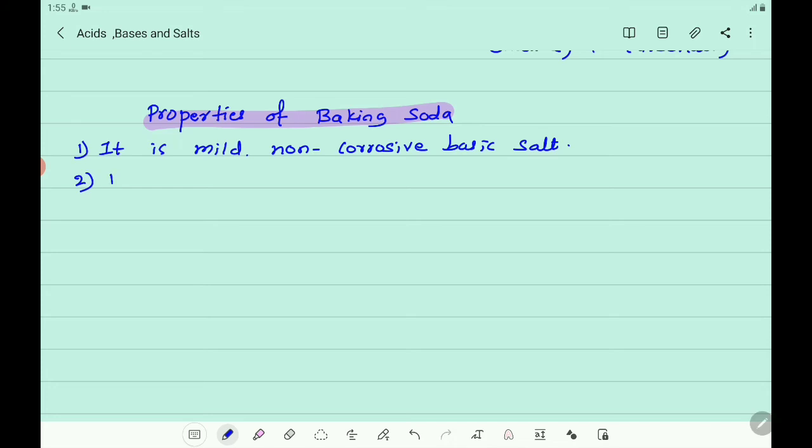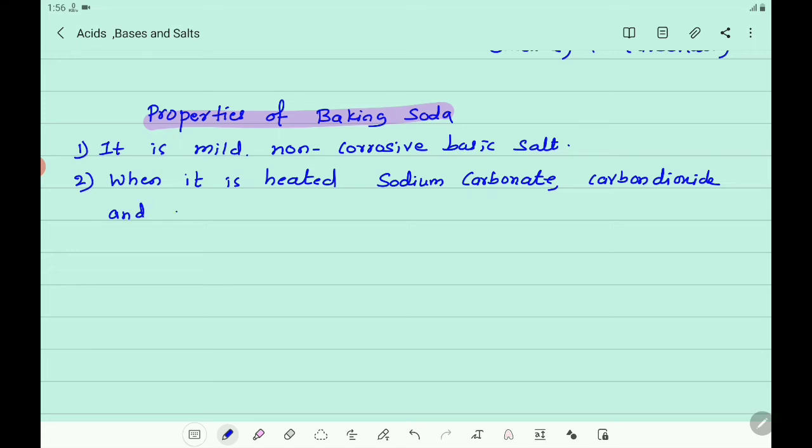So you take, when it is heated, sodium carbonate, carbon dioxide and water will be produced.